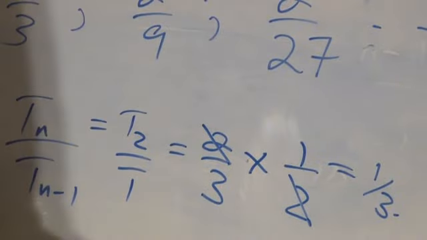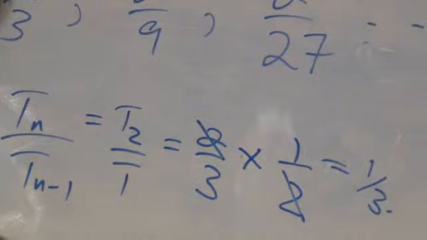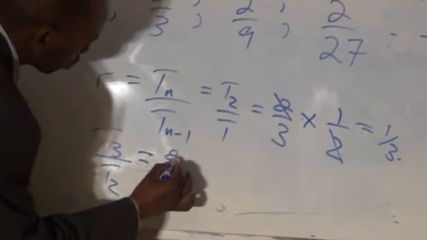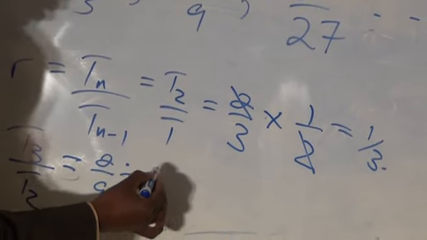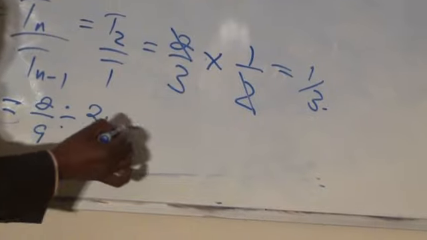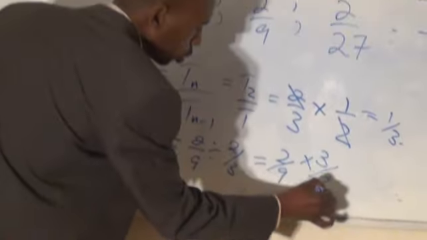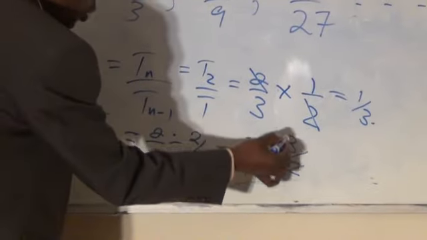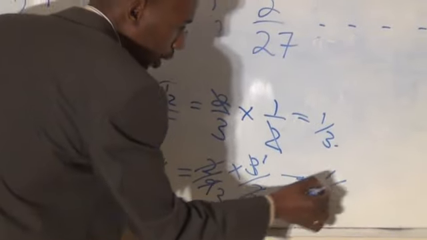T3 divided by T2 will be the same as what? 2 over 9 divided by what? 2 over 3, which is equal to 2 over 9 times 3 over 2. Obviously, that's common, it goes. 3 into 3, 1. 3 into 9, 3. So we end up again with 1 over 3.